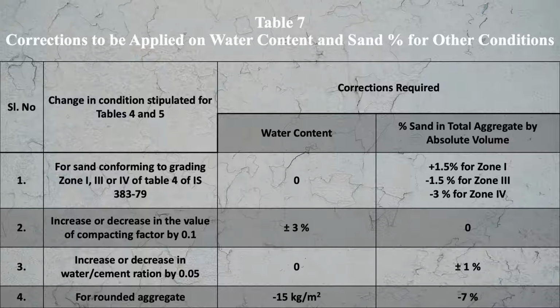For example, for sand conforming to grading zone 1, 3 or 4 of table 4 of IS 383, water content correction is 0, whereas sand percentage correction is plus 1.5% for zone 1, minus 1.5% for zone 3 and minus 3% for zone 4.